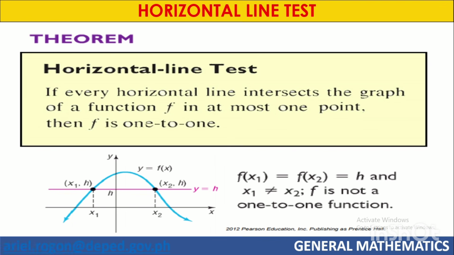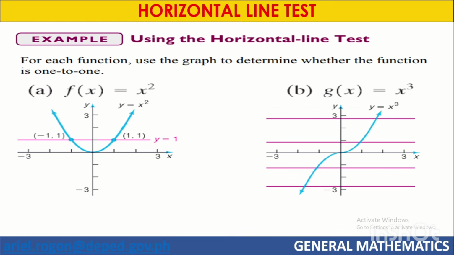So, I'll show you some example. Okay, so this for letter A, this is an example of not one-to-one. Bakit? Dalawang point ang dinaanan sa graph. Pero dito sa letter B, this is an example of one-to-one.